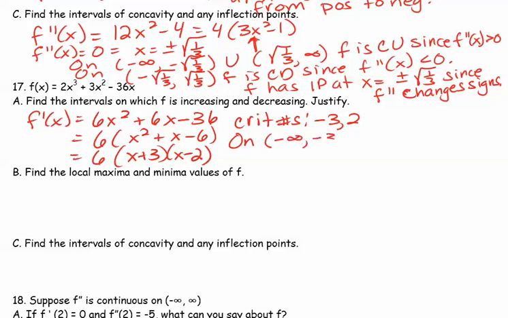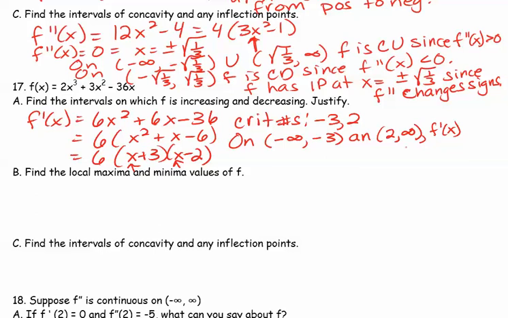So from -infinity to -3, and on the interval from 2 to infinity, let's think what will happen with f prime of x. So if you chose a very small number, -10 again is a good example. We'll have two negative factors, so f prime will become positive.